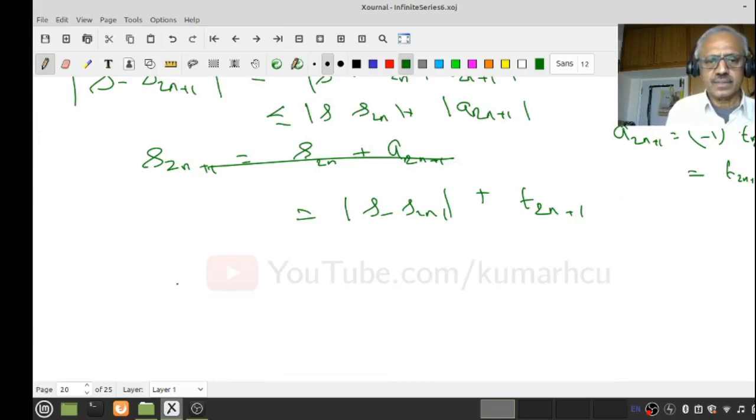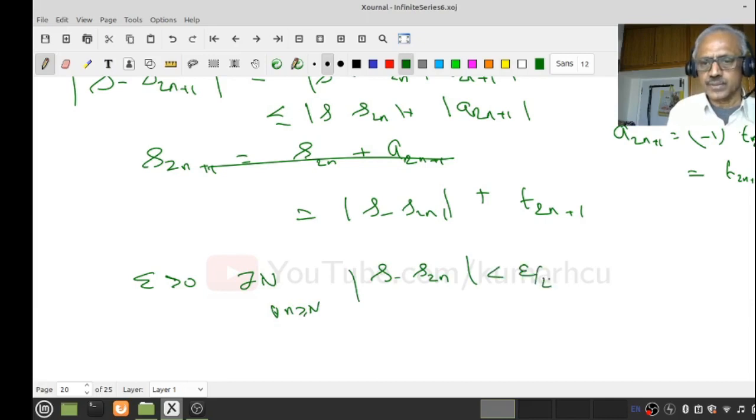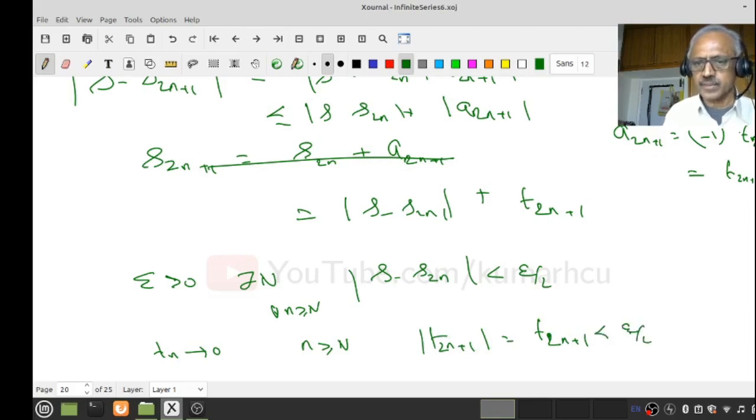Why? Given epsilon positive, there is an N so that if n is greater than or equal to capital N, the modulus of S minus S2n will be less than epsilon by 2. And for the same N, since Tn converges to 0, for n greater than or equal to N, the modulus of T2n plus 1, which is the same as T2n plus 1, is less than epsilon by 2.